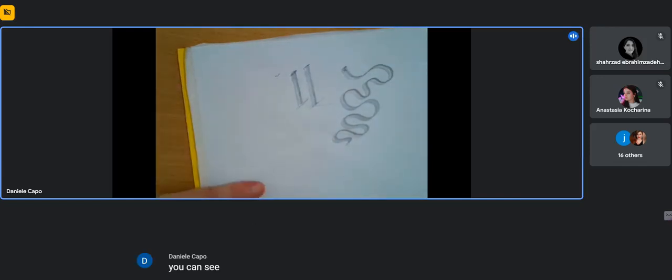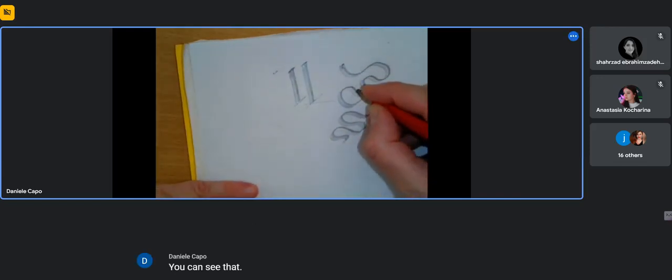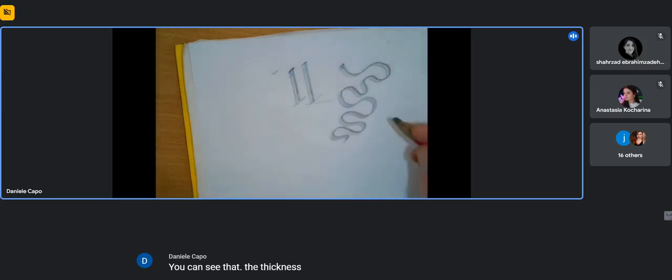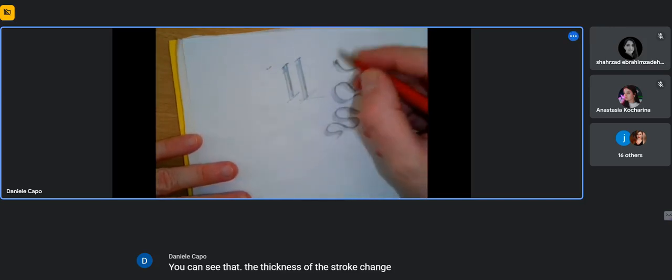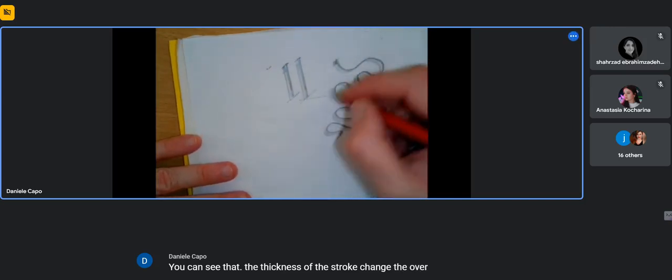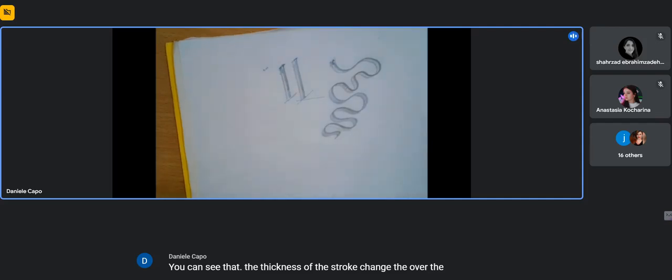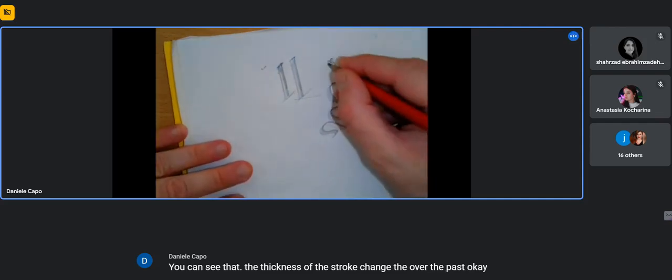You can see that the thickness of the stroke changes over the path.